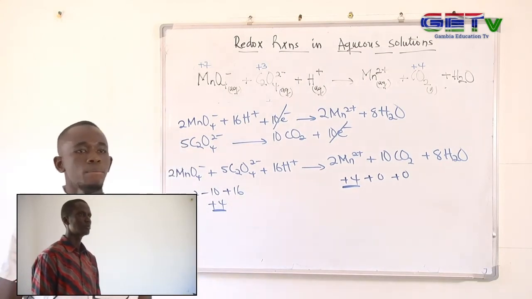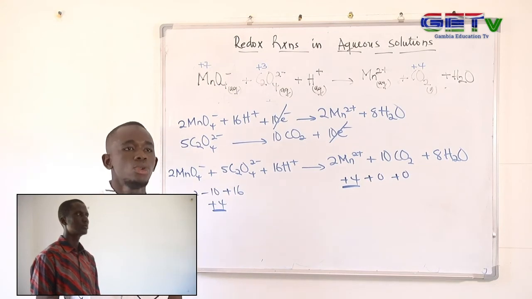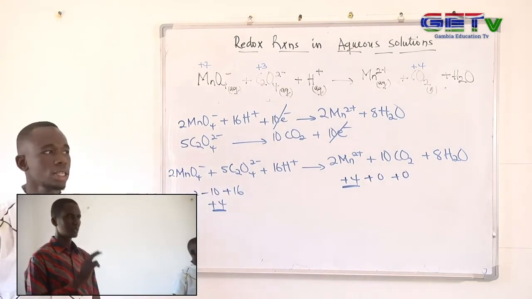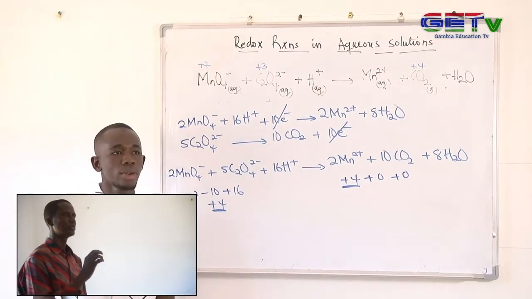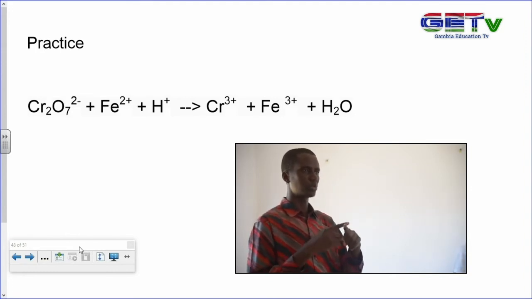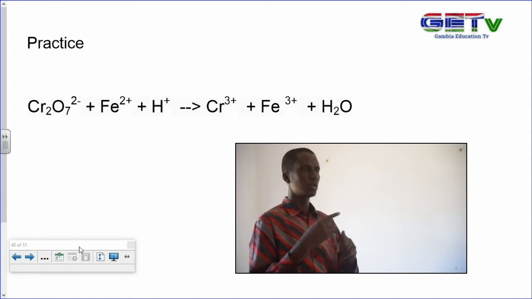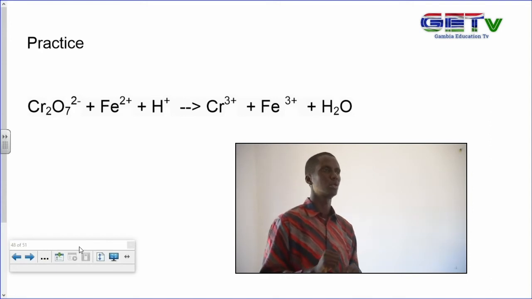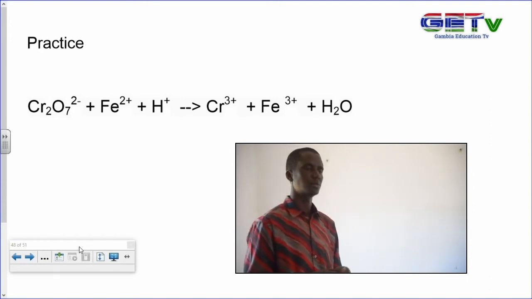Now, you can try this equation, that is a practice equation: Cr2O7 2 minus plus iron 2 plus plus hydrogen ion will give us chromium 3 plus, iron 3 plus and also water molecule. You can try this equation and then you see whether the equation will be balanced or not.